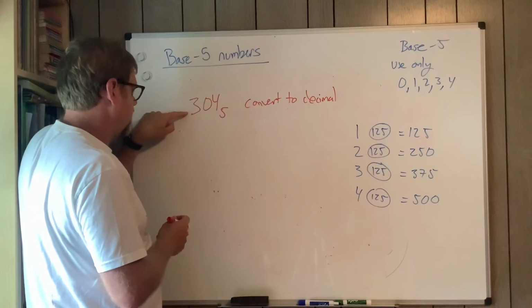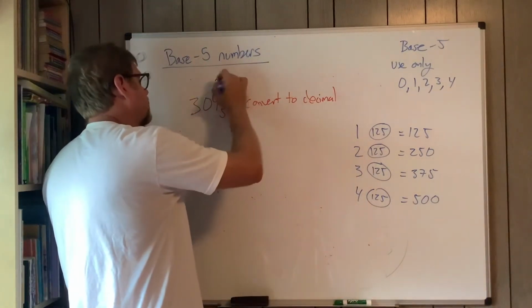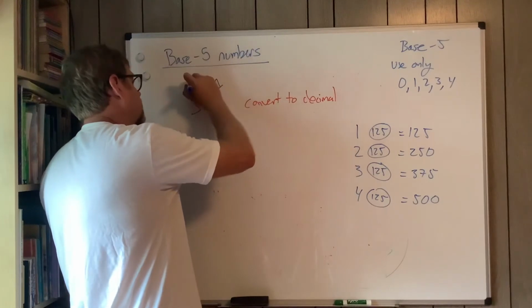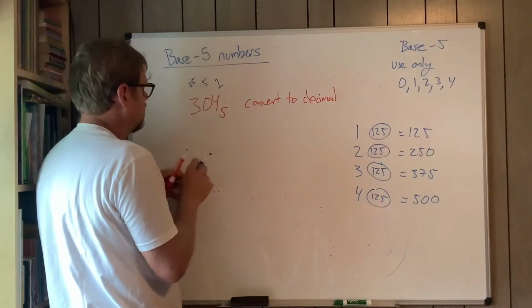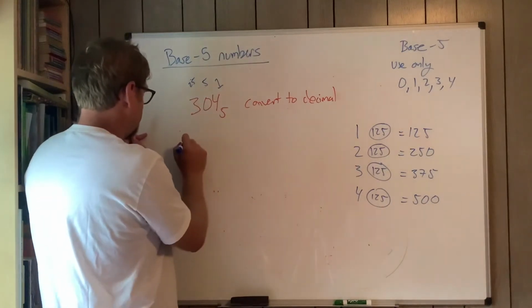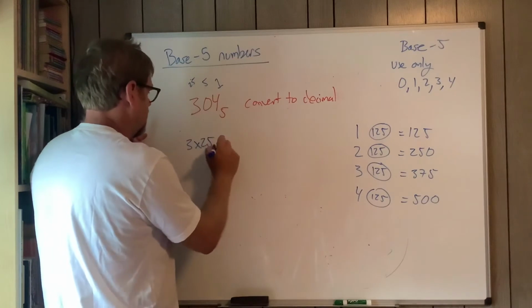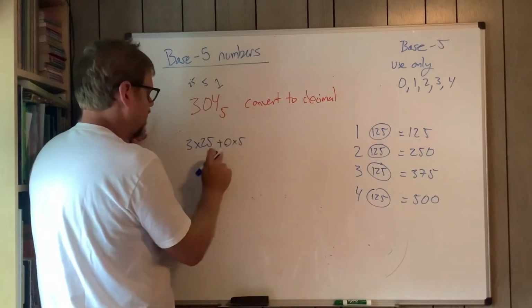So what does this mean? Right? So these are 1s, 5s, 25s. So I have 3 times 25. And say no nickels, but I'll write it as 0 times 5.